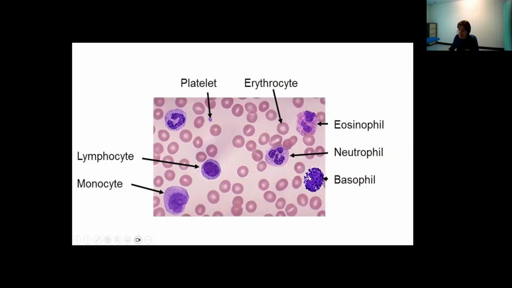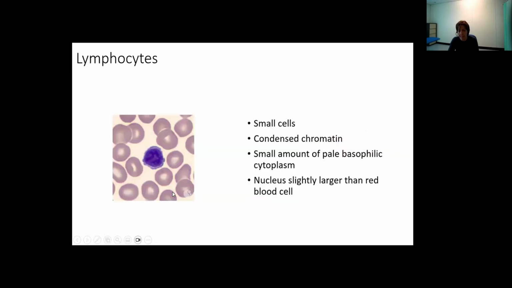They like base, they like alkaline stains, and then the eosinophils, which the granules are this red color because they take up the acid. And then you've got monocytes, which are larger cells. They're the largest cell that you can get in the normal peripheral blood, and often have this folded nucleus with quite often vacuolated cytoplasm. But I will go into it in a little bit more detail.